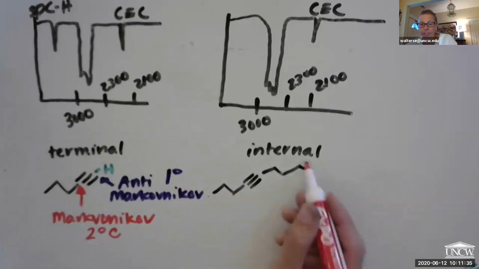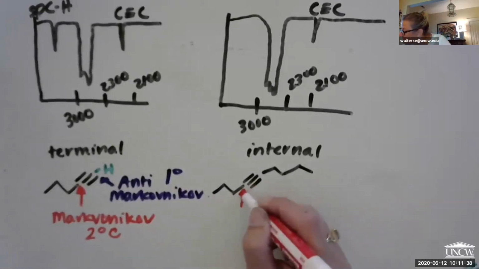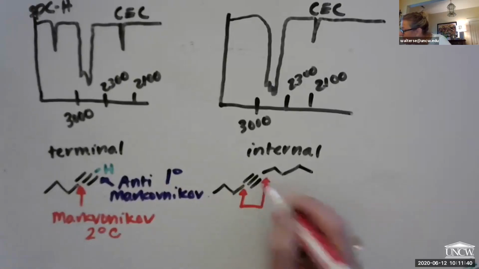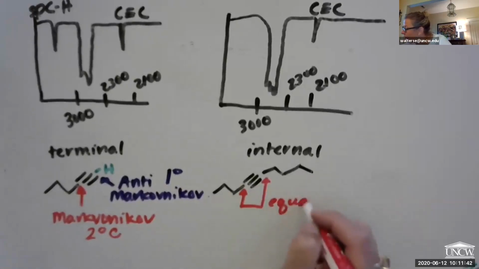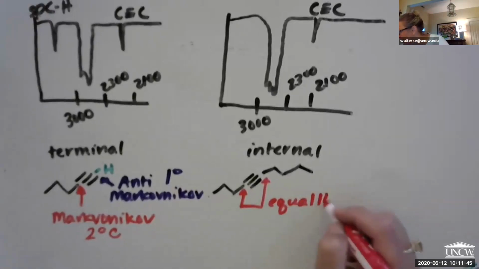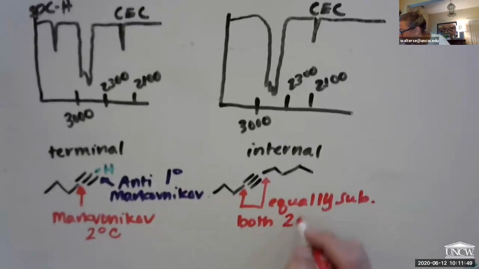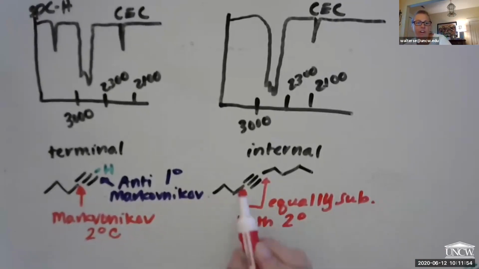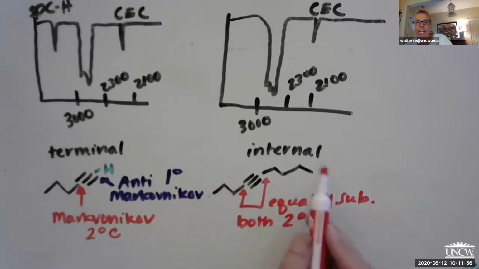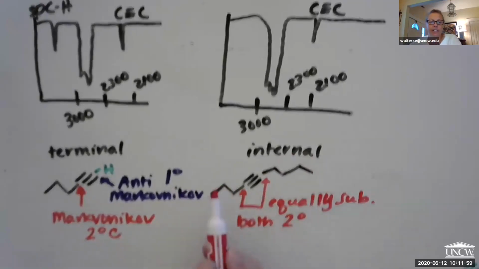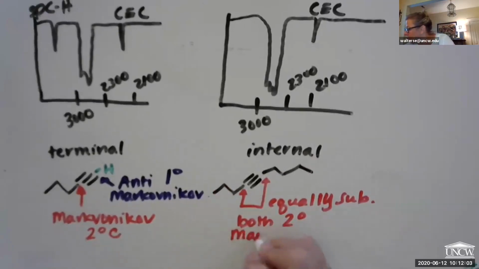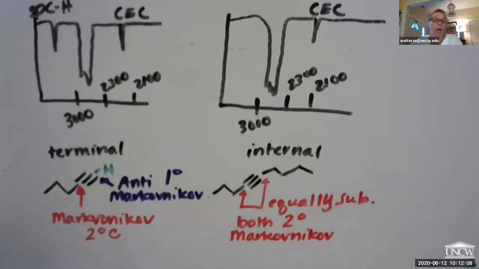In your internal alkyne, both of these are equally substituted. They're both secondary. So you can't distinguish Markovnikov versus anti-Markovnikov. The length of the chain doesn't matter. It doesn't matter that there's 4 carbons here and 3 carbons here. They're both secondary carbons, so you could say they're either both the Markovnikov carbons or neither of them are.